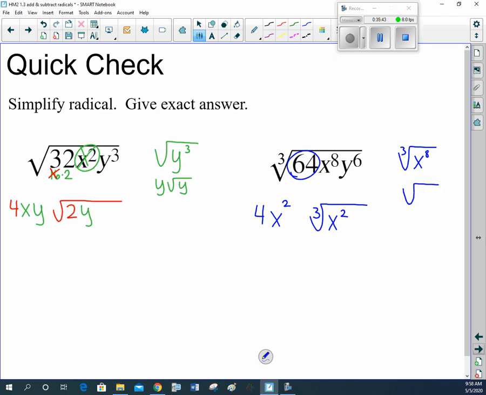So now we're doing the cube root of y to the 6, just like we were doing that by itself. Well, 3 divides into 6 2 times, so it's y squared, and that's our answer. So 4x squared, let me rewrite that better, 4x squared y squared cubed root of x squared. That's what it reduces to.